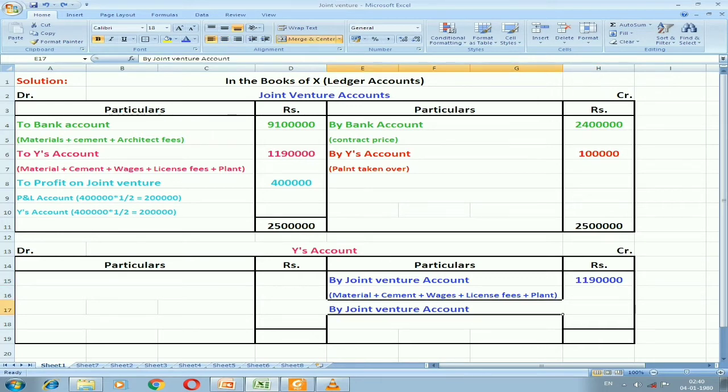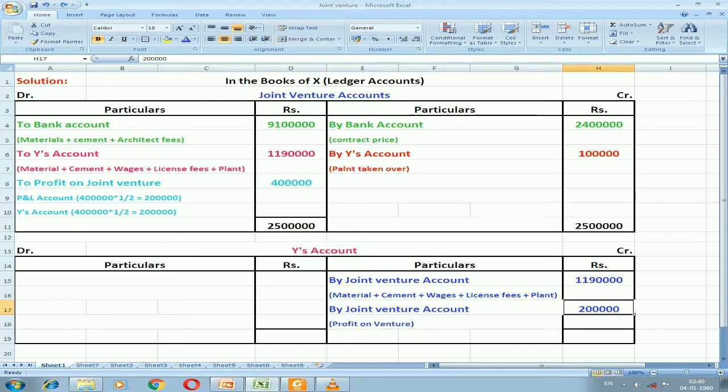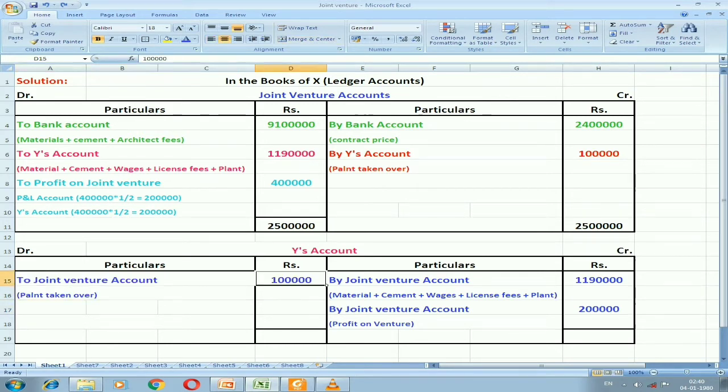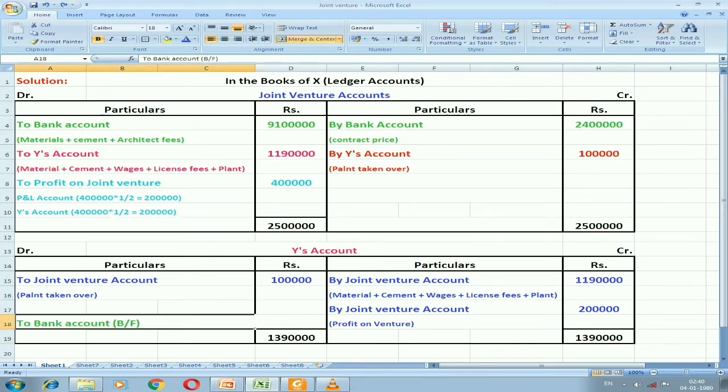Apart from that, we have one more, the profit sharing ratio: profit on venture. For Y's account we have 2 lakh that we are supposed to take. After that, on the credit side we have one entry related to Y, that is the joint venture account, plant taken over with the same value. So we do the total. If any balance is there, it will be transferred to the bank account.